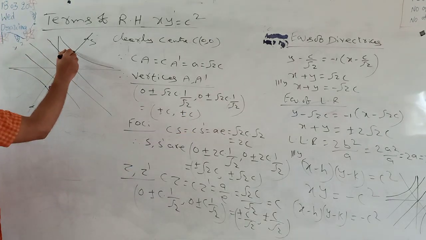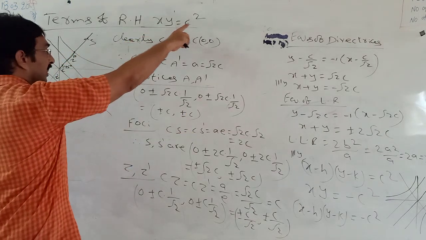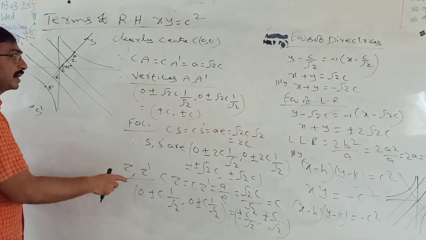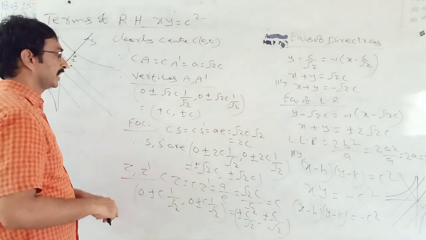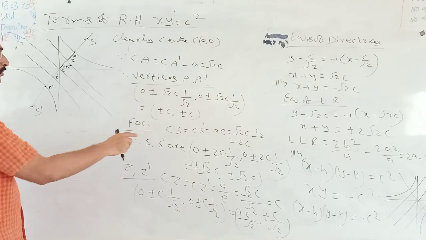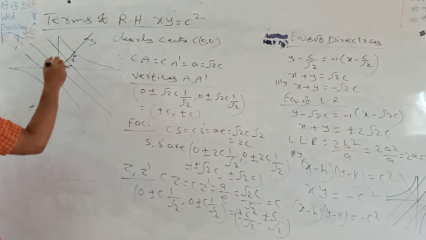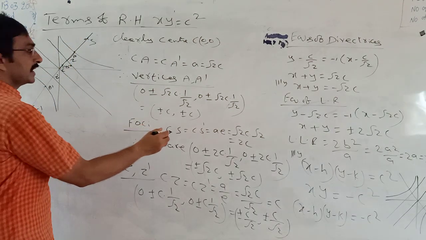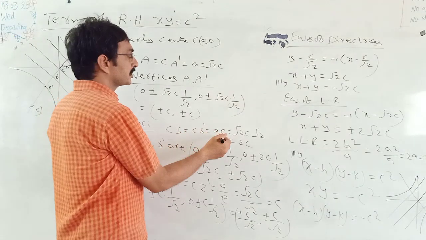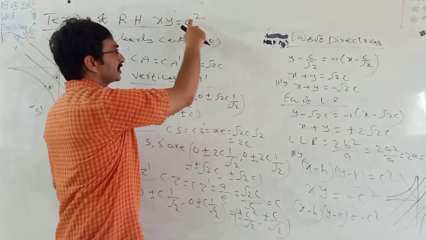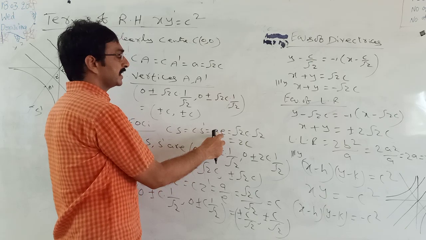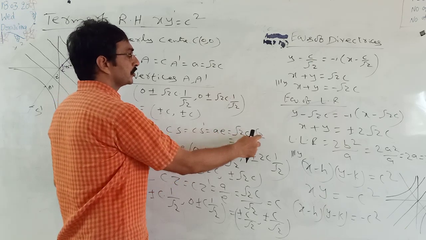So the formula for vertices of xy equals c squared is plus or minus c, plus or minus c. Next, the foci. Clearly, CS equals CS dash equals ae, in terms of c, root 2 c times the eccentricity of the rectangular hyperbola, root 2.